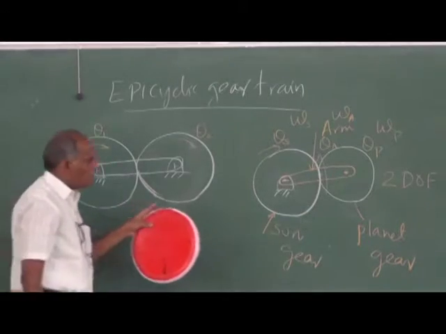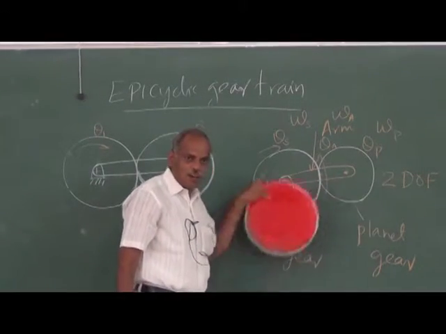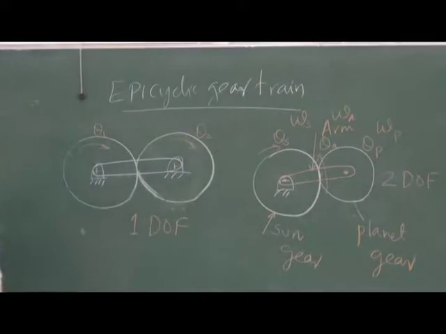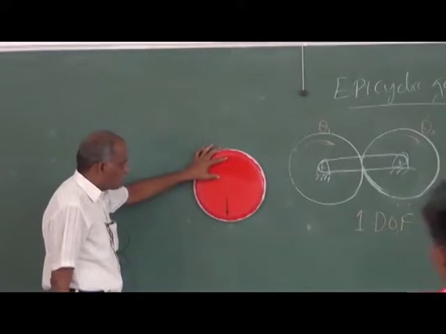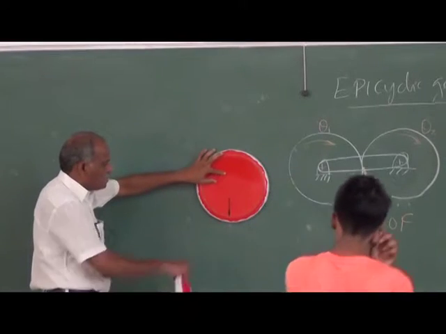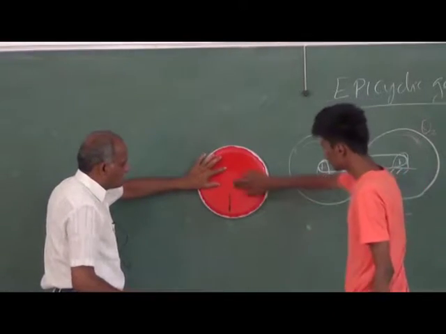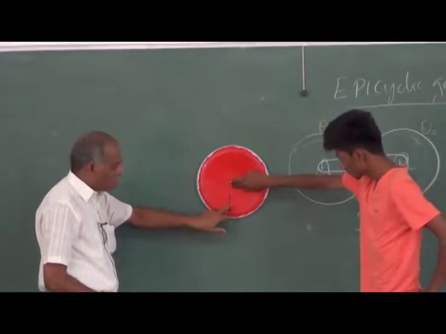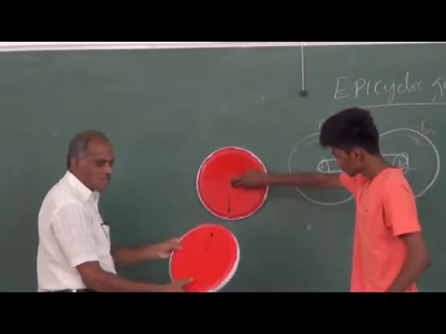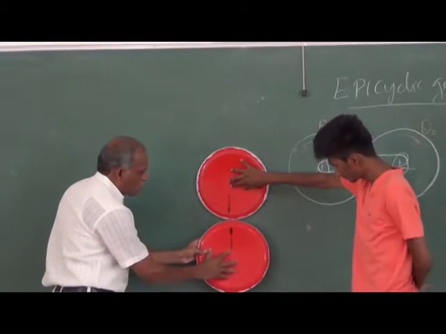Whereas in the case you allow this to rotate around the sun gear also, like this, so I can ask him to help. So you can see that the sun gear position is immaterial, it is now looking downwards. This is your planet gear.